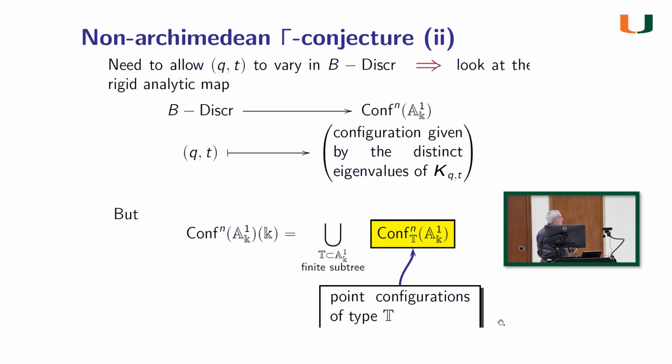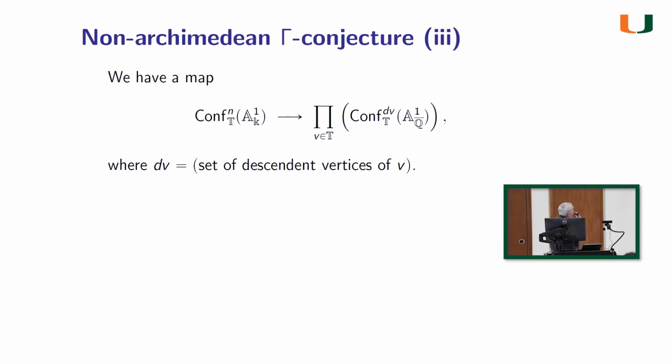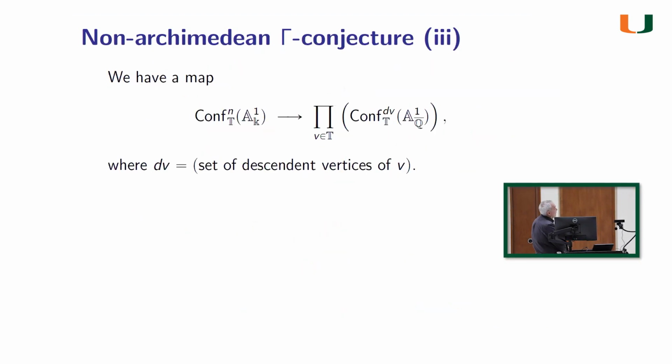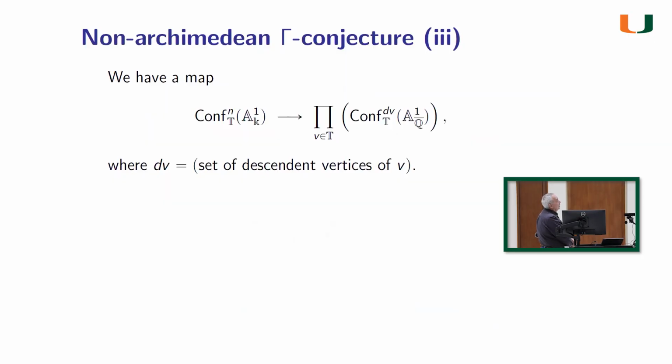And so you get this stratification by point configurations of type T. There is a map from point configurations of type T to point configurations of type T of smaller degree, where the smaller degree is the number of descendants of a given vertex in the tree.